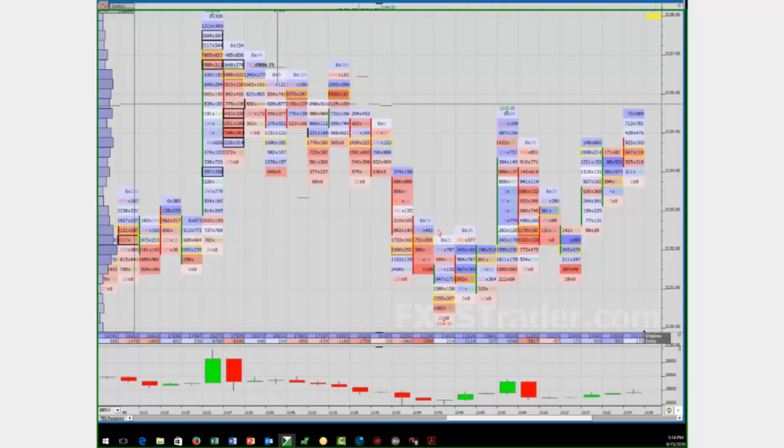So as we came down into this area here, this was the first true slingshot to show up today. By slingshot, I mean just a pullback in a trend that's worth taking. But I didn't get long. I probably should have. But some I know did take this trade, and it paid off quite well because we ripped another 10 points, more than 10.